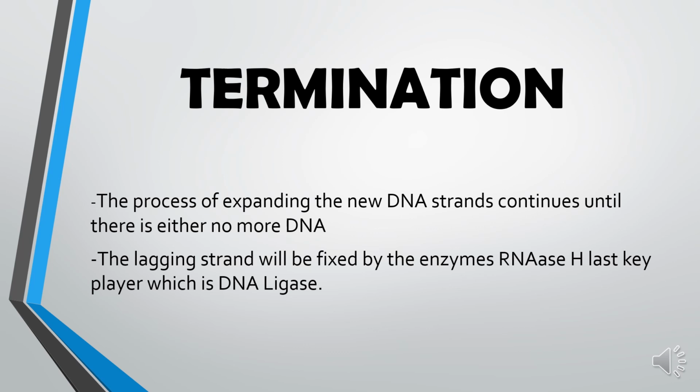RNase H removes the RNA primer at the beginning of each Okazaki fragment, and DNA ligase joins the fragments. That's why it is called the glue. It will join the fragments to create one complete strand, and that's how you create two identical DNA molecules.